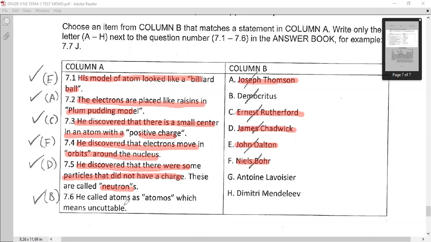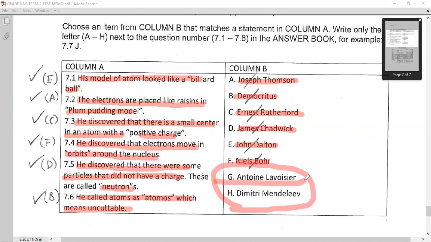7.6, the easiest one, the first one, the oldest one. You remember the atomos example. He called atoms atomos, which means uncuttable, indivisible. I gave you examples of this and shared videos about this. That's the old name, Democritus. This is BC time.